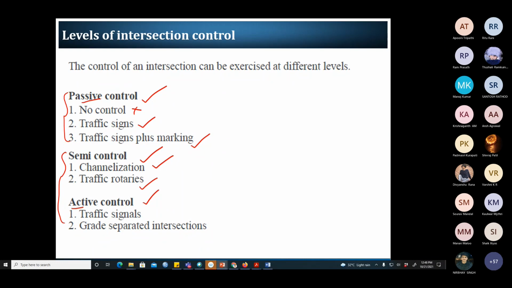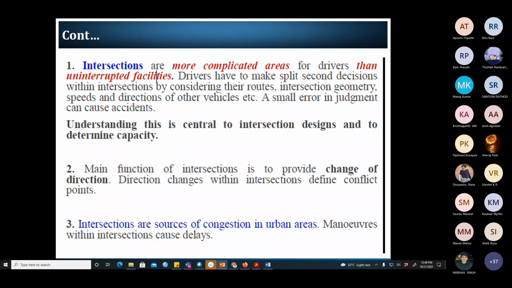Basically, the intersection is more complicated because it occupies a larger area, which leads to a high probability of accidents. Mainly it has to give uninterrupted flow of traffic, but due to the changes in direction, it leads to various issues like accidents and congestion.